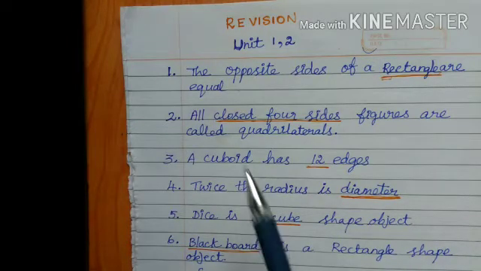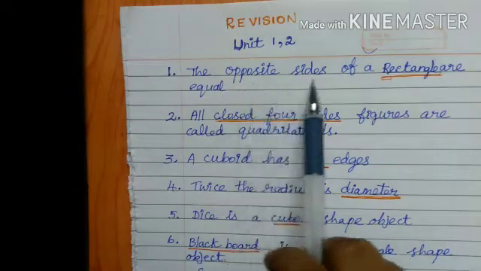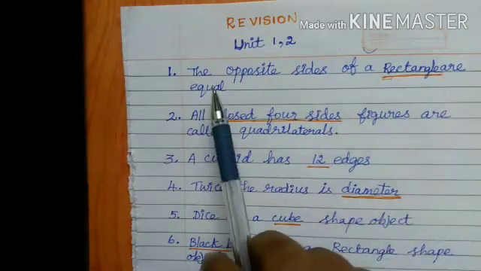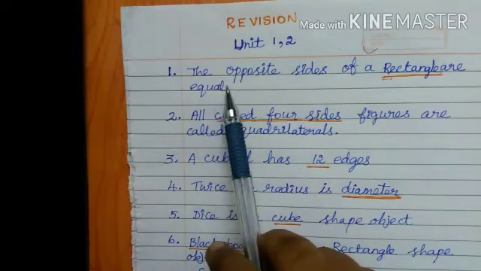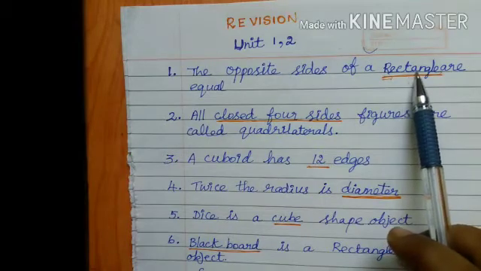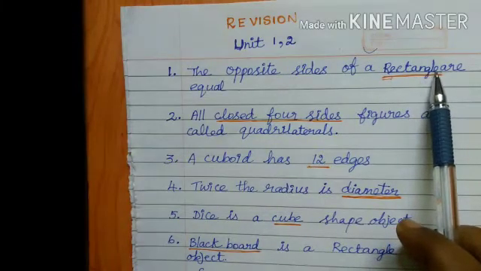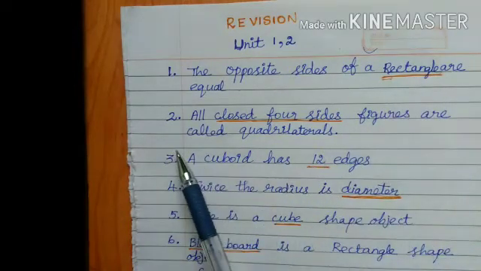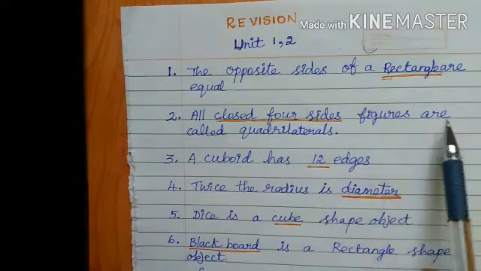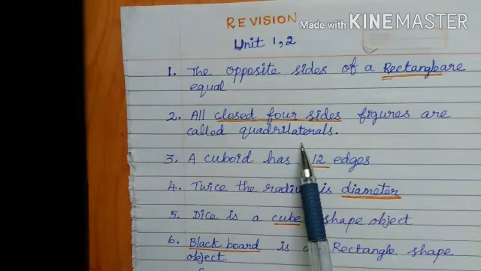First one. The opposite sides of a dash are equal. Opposite sides are equal for a rectangle. R-E-C-T-A-N-G-L-E, rectangle. Okay. Then second one. All dash figures are called quadrilateral.